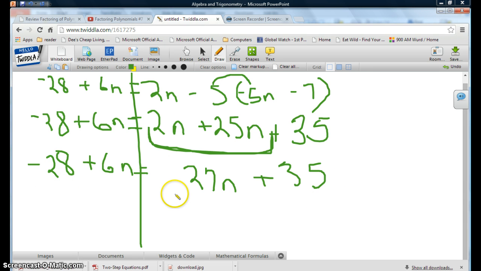So I'm going to say minus 27n on that side, and I'm going to say minus 27n on this side.